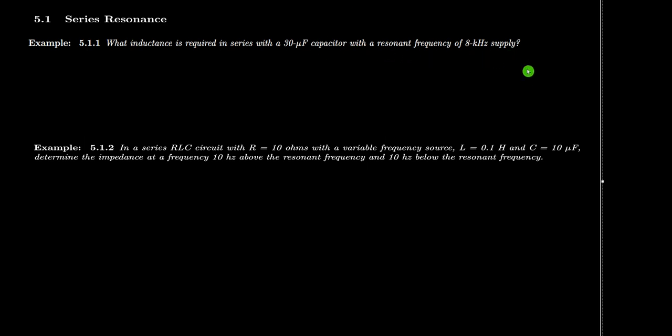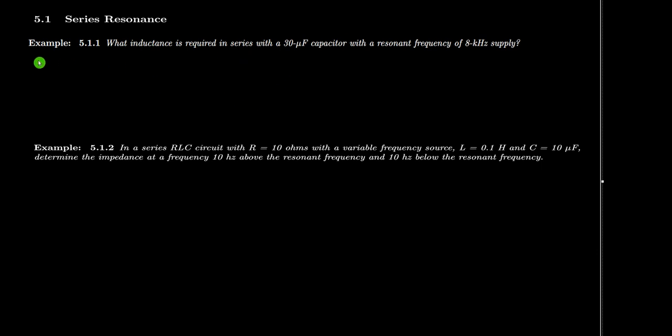So this is a series problem because we want to determine the inductance that should be connected to a capacitor which is 30 microfarad. We take note that these two components, the inductance and the capacitor, are lossless or loss-free components. When we say loss-free, it means there's no resistance in the two, or in other words, they are ideal components.